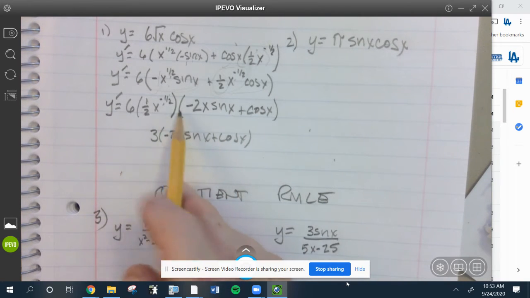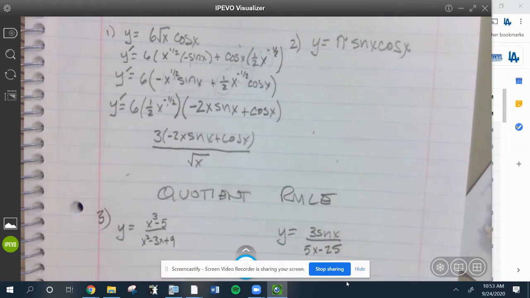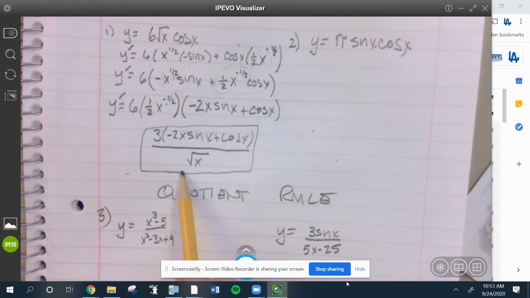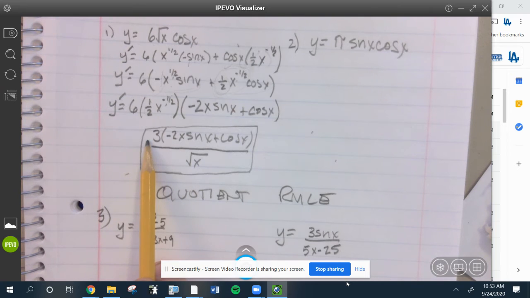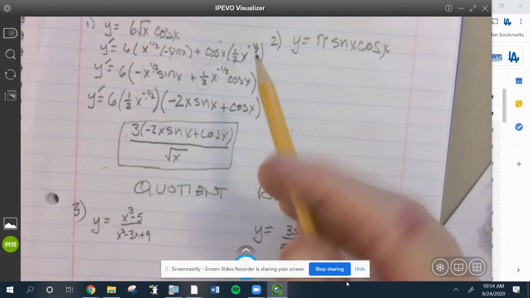This x to the negative 1/2 can go on the bottom. And there you go. You can make this negative 3 x sine x minus cosine if you want, but you don't need to.